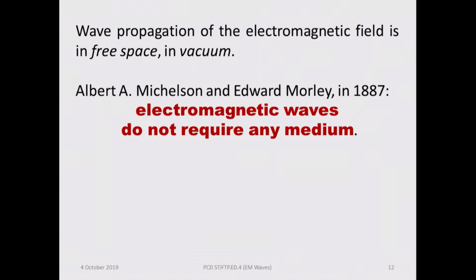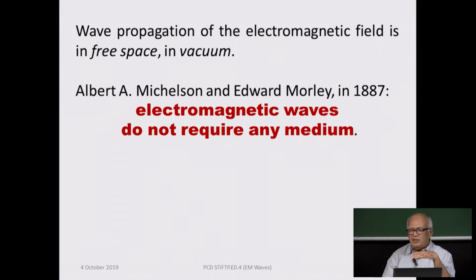And any wave phenomenology was understood to be associated with a medium. Like I said, okay, you can transmit energy from one point to the other point by tapping it here, and then it is this nudge which propagates, okay.